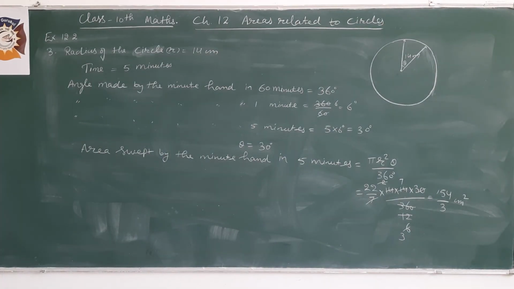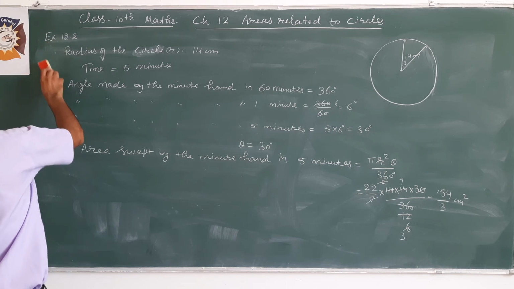In the next question, question number 4: a chord of a circle of radius 10 centimeters subtends a right angle at the center. Radius is given 10 centimeter, angle is given 90 degree.